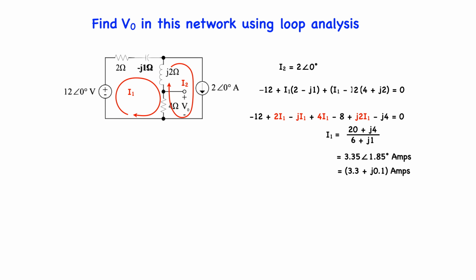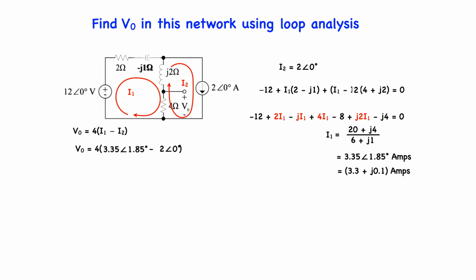The voltage drop across the 4K ohm is V0, which is equal to 4 times the quantity I1 minus I2. Substituting our known values for the two currents, V0 is 4 times I1, which we know is 3.35 at 1.85 degrees, minus I2, which we know is 2 at 0 degrees.